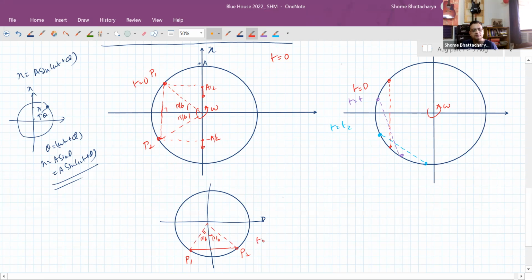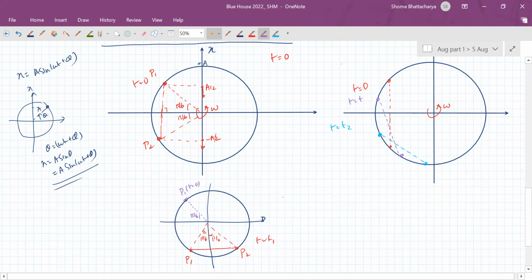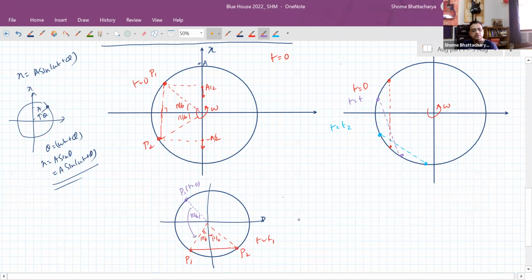So this is some time t1, let's say. Now this is very easy to find, because where did particle 1 start from? Particle 1 started from here. This was at t equal to 0. So you can see the angular displacement, that is omega t1, is equal to how much? It is pi by 6 plus pi by 3 for both of them.